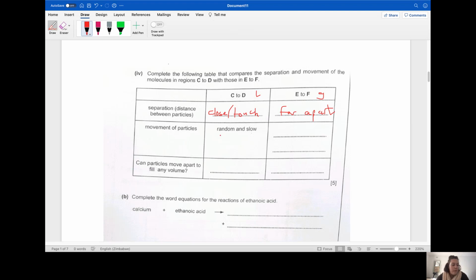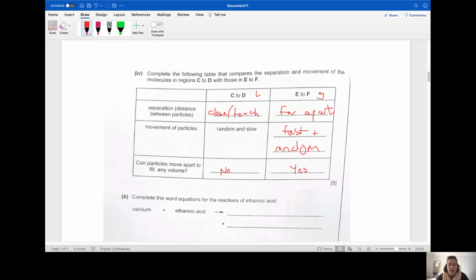Okay, the movement of particles, fast and random. Okay, they move randomly. You know this about a gas already. Okay, can the particles move to fill any volume? No, a liquid will only take the shape of its container. Gas, yes.